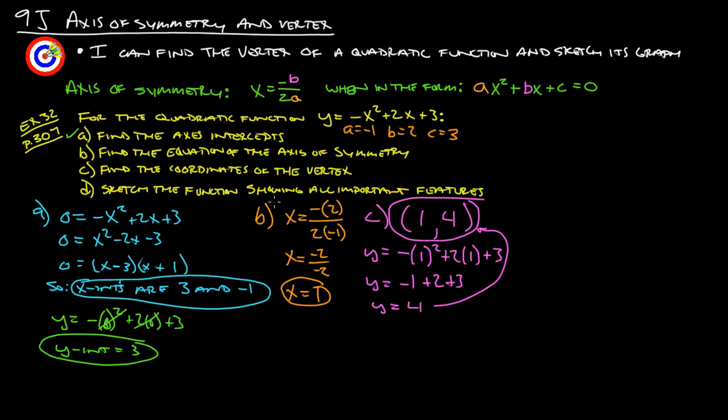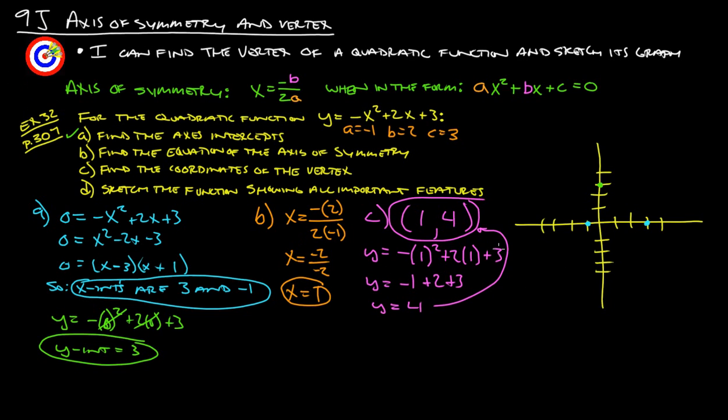And then the last thing says sketch the function showing all the important features. So let's graph this thing. Alright, so first thing, let's do our x-intercepts, which are at 3 and negative 1. We'll then do the y-intercept, which we know is at 3.